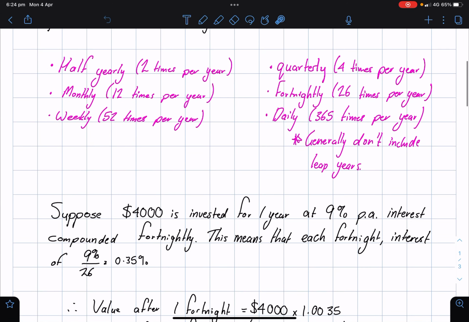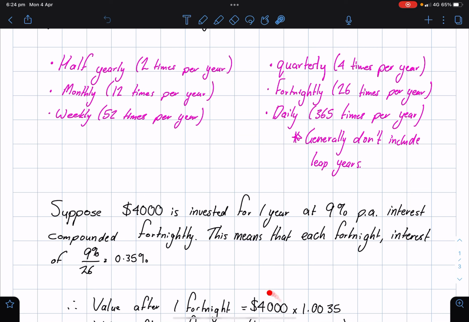So the value after one fortnight is $4,000 times by 1.0035. Okay, so that is 100.35%. All right, so we're adding 0.35% to our 100%. In decimal form, this is what it looks like here.